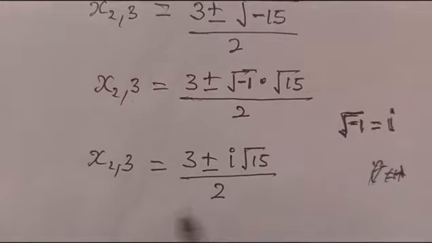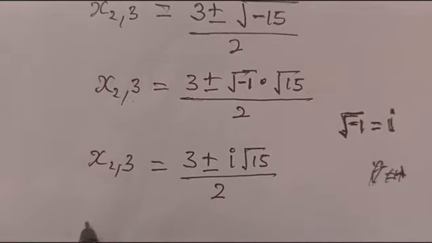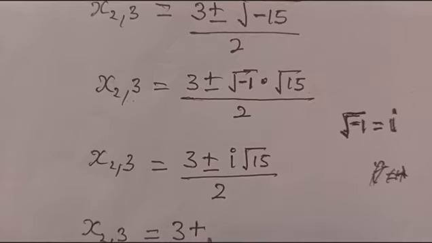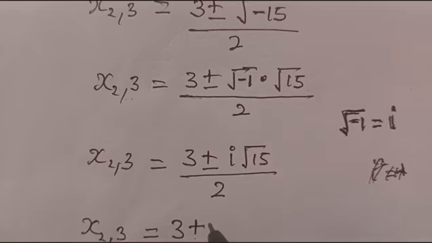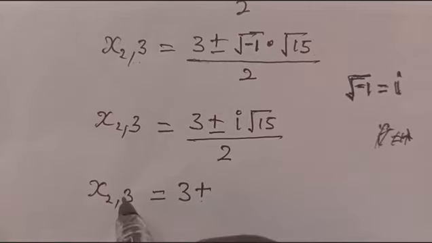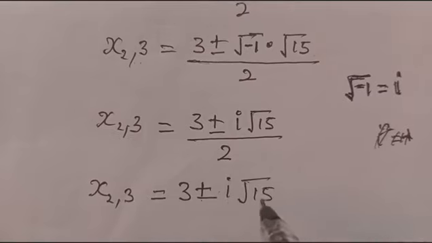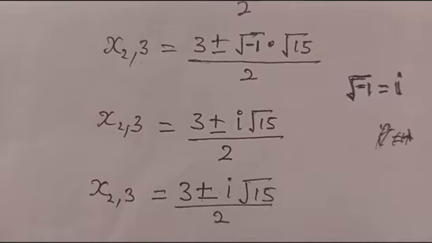So from here I can now say our x2 comma 3 is 3 plus or minus i square root of 15 divided by 2.